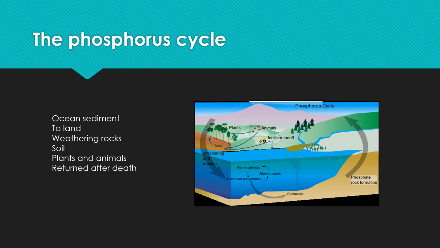What is the impact for humans? Well, we use phosphorus for fertilizer and lots of distributed food products. Fertilizer has higher than normal amounts of phosphorus and it runs off into the water. So if we have lots of phosphorus going into the water, well, it's utilized by producers like algae.